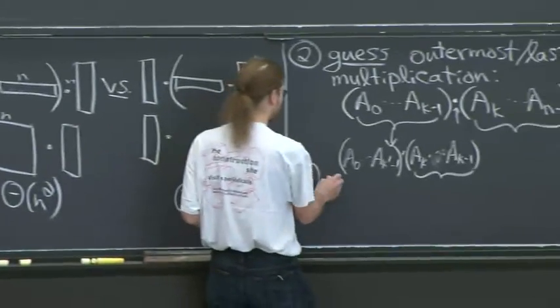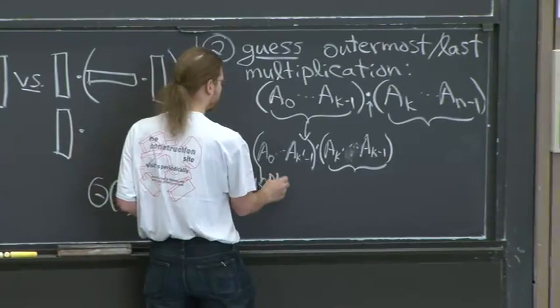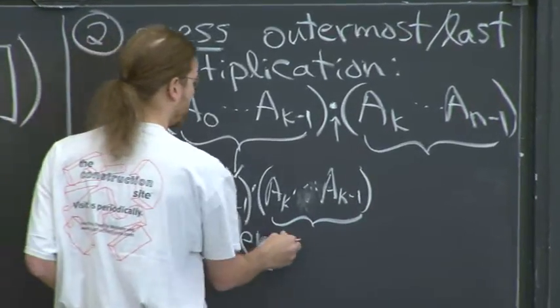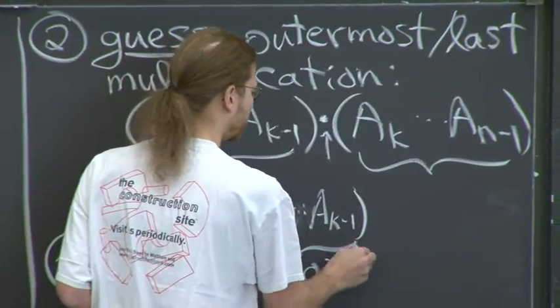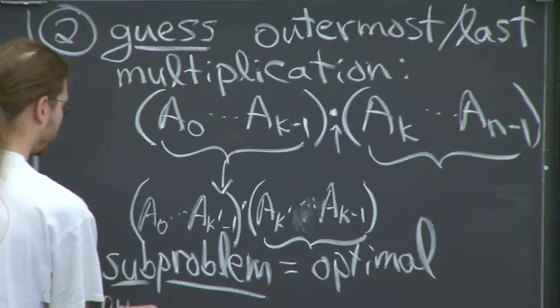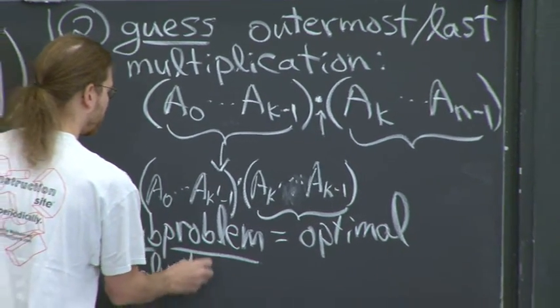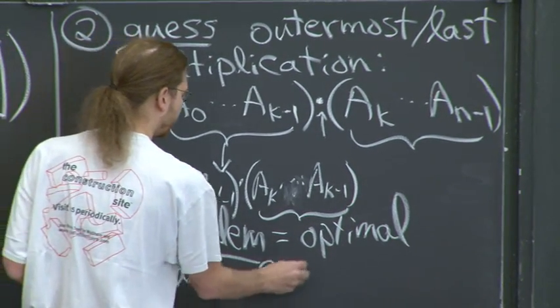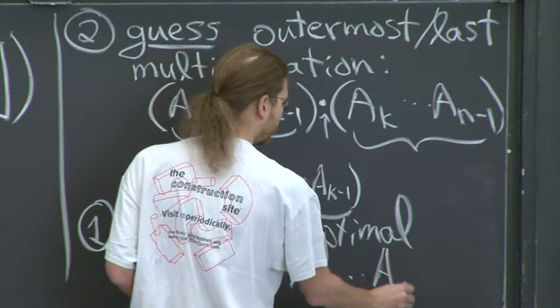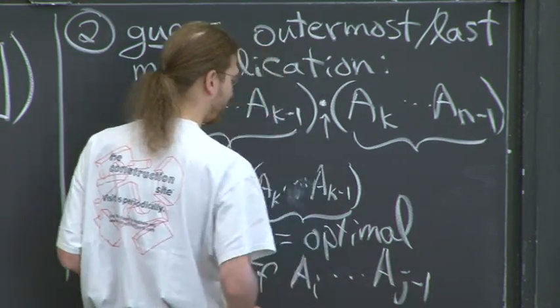Cool. So part 1, subproblem is going to be the optimal evaluation or parenthesization of ai to aj minus 1.